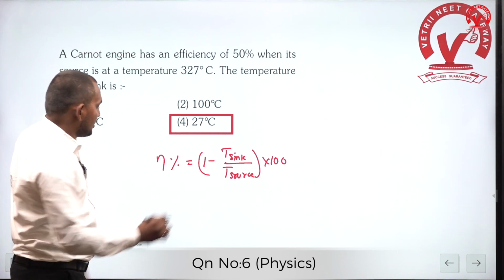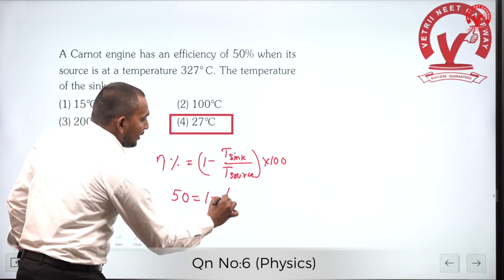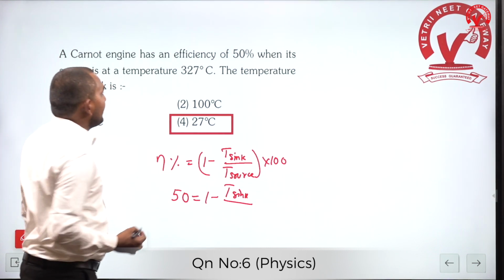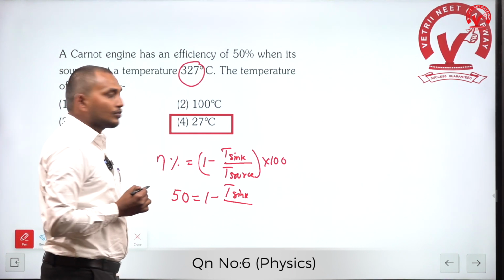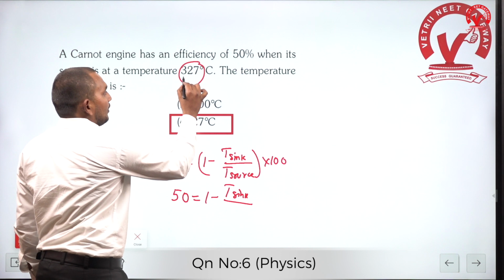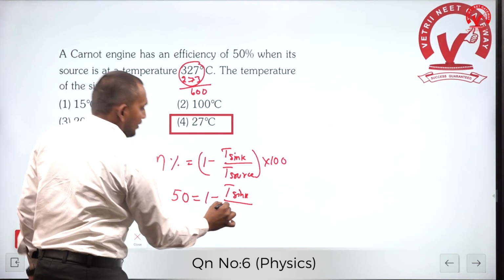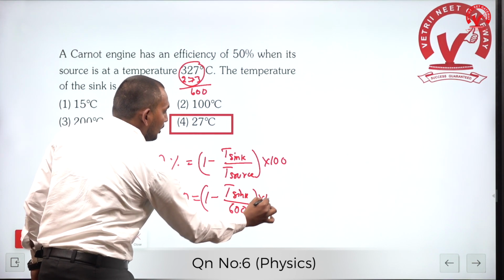How much efficiency is given? 50%, that is equal to 1 minus T sink divided by T source. T source is 327 plus 273, that makes 600.